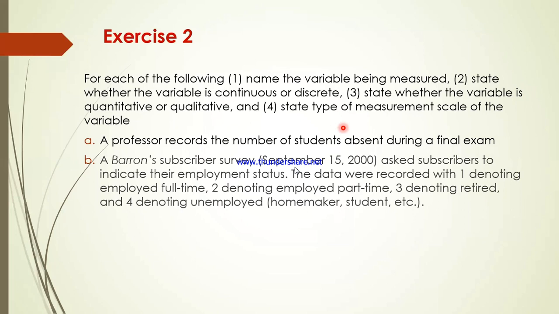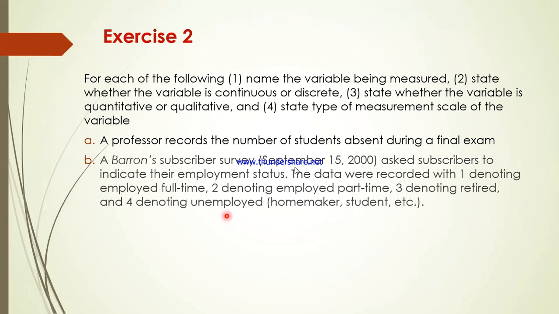And the second thing is employment status. We are asking the Baron subscribers, what is your employment status? So employment status is the variable. Then how are we measuring this employment status? We are measuring with full-time or part-time or retired or unemployed.